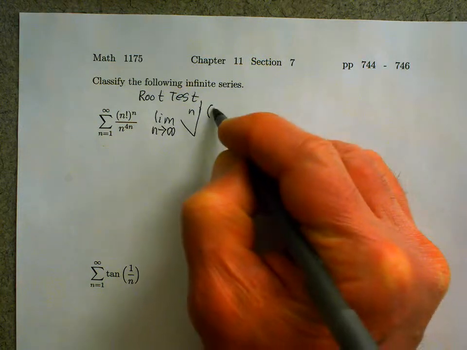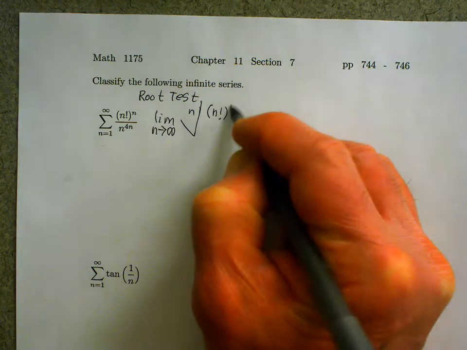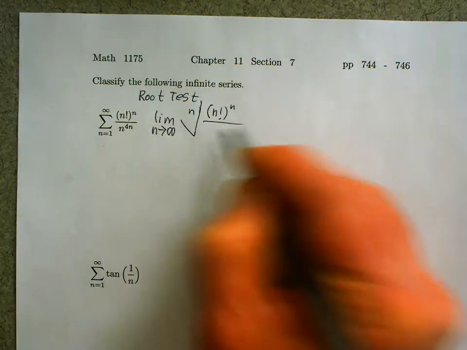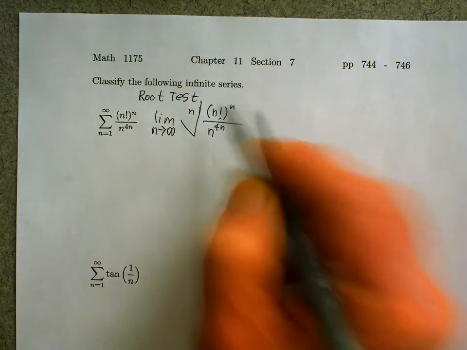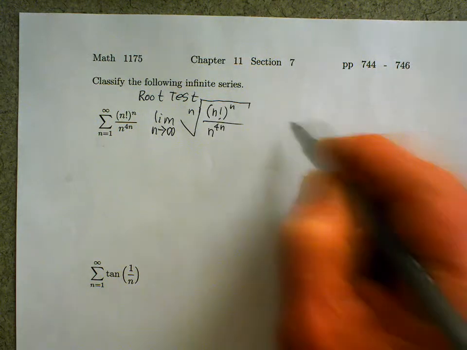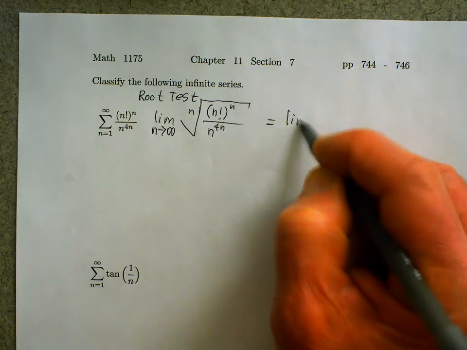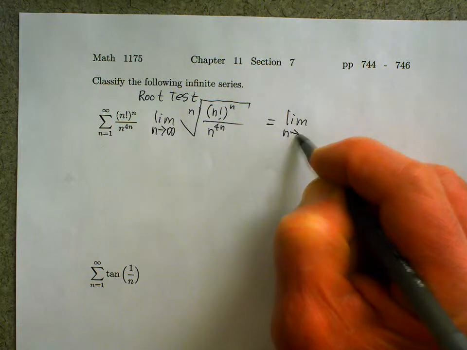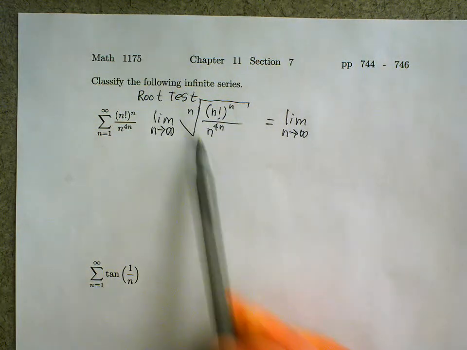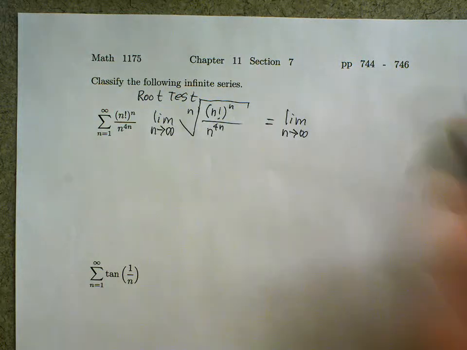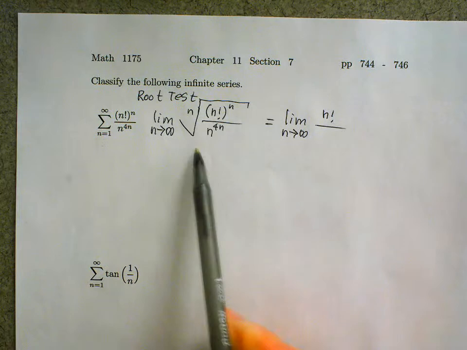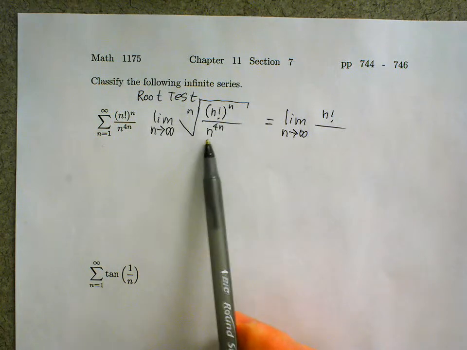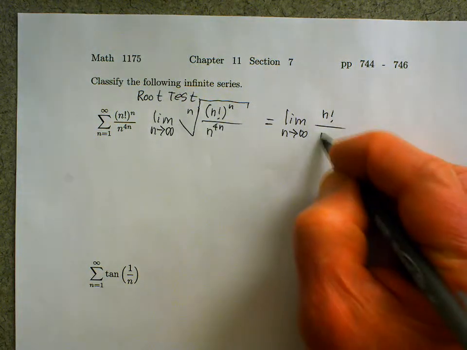So the nth root of n factorial to the n over n to the 4n. And then the nth root of n factorial to the n is n factorial in the numerator. And in the denominator, the nth root of n to the 4n is just n to the 4th.